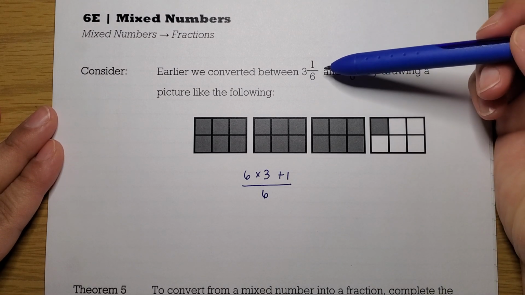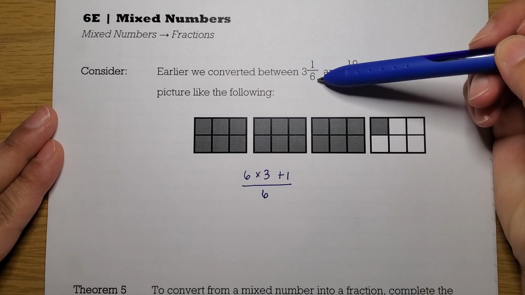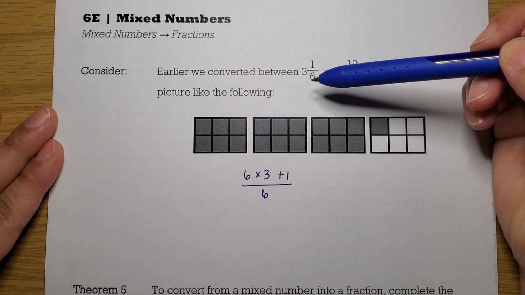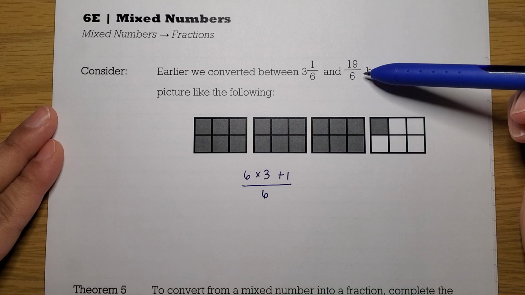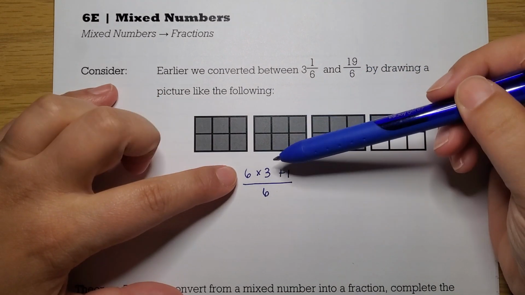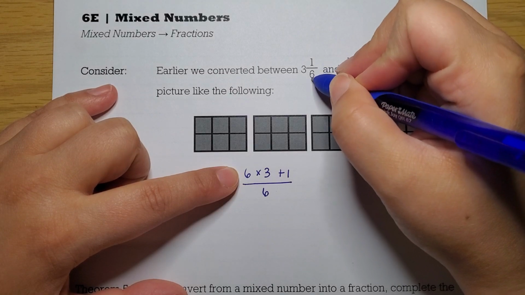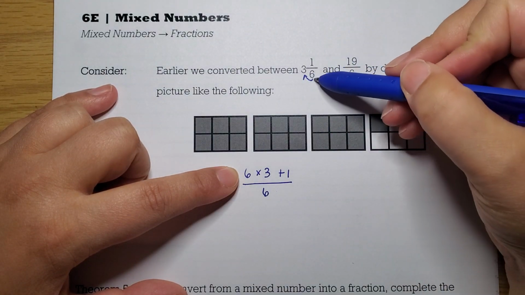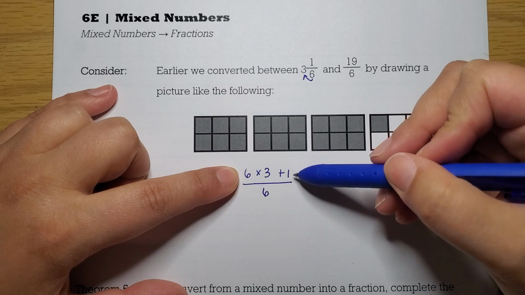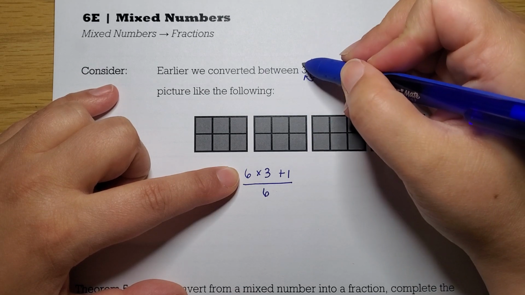If I look at this and compare it to the mixed number format and see how I can use this to get to my improper fraction, notice that here we have 6 times 3, and then we added a 1.